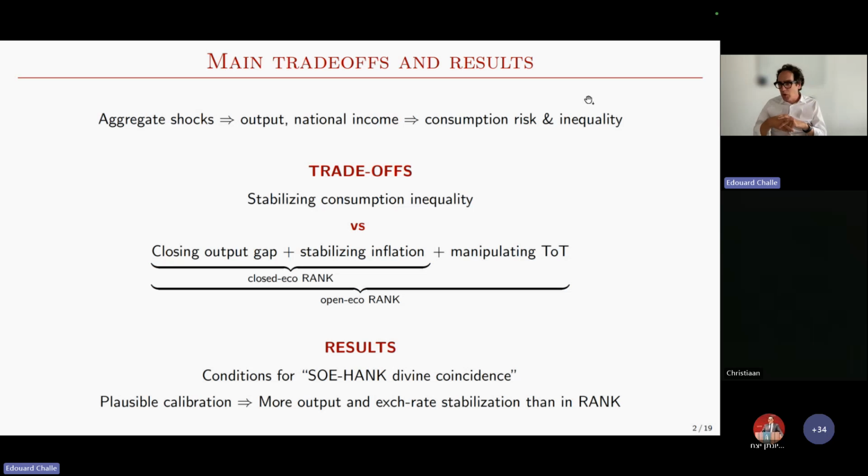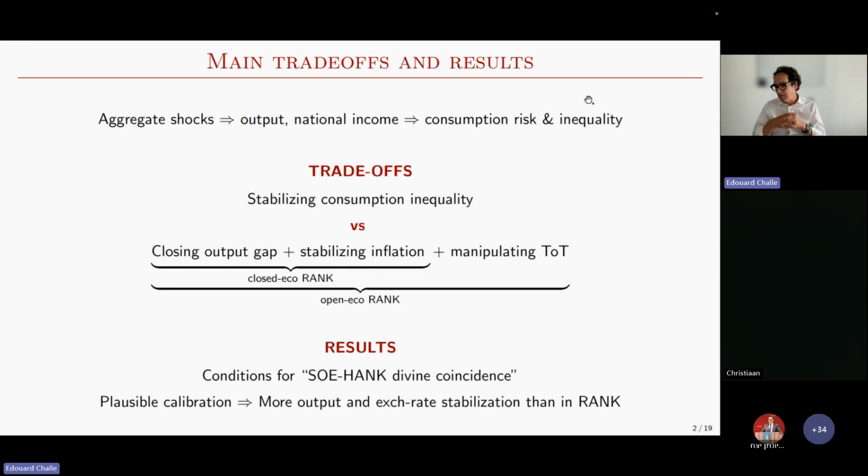But we're going to show that the calibration that leads to the SOE-HANK divine coincidence is unrealistic. And if you impose a more plausible calibration, especially as regards the trade elasticities and the cyclicality of the income risk that households face domestically, then the optimal policy will call for more output and exchange rate stabilization than in rank.